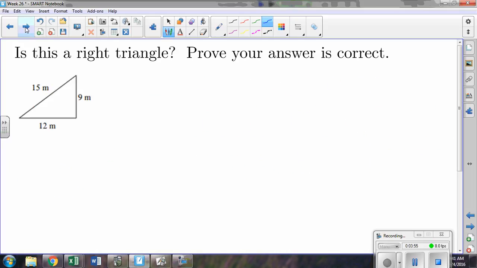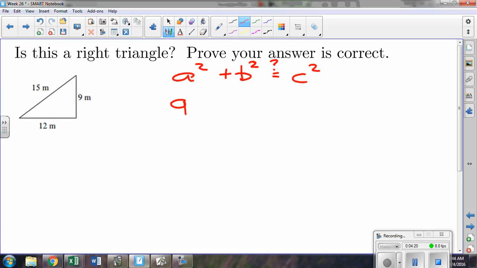Using your marker boards, try this one out. What we, of course, needed to verify: leg squared plus leg squared equals hypotenuse squared. Is it actually true? If it comes out to be true, that tells us we do have a right triangle. If it's not true, then it's not a right triangle.